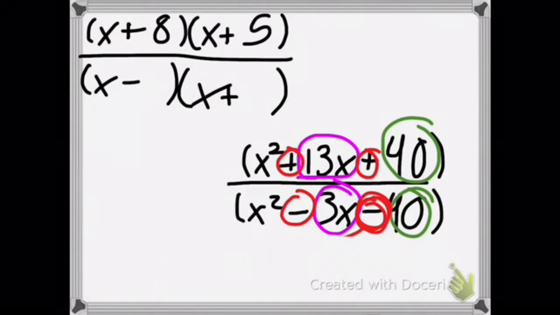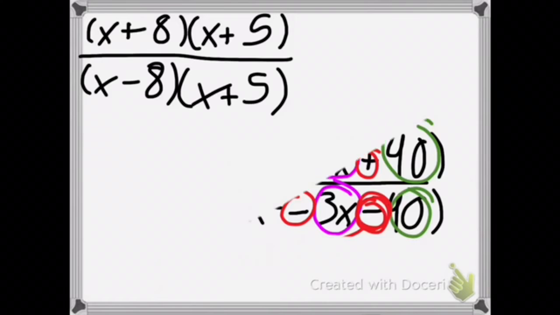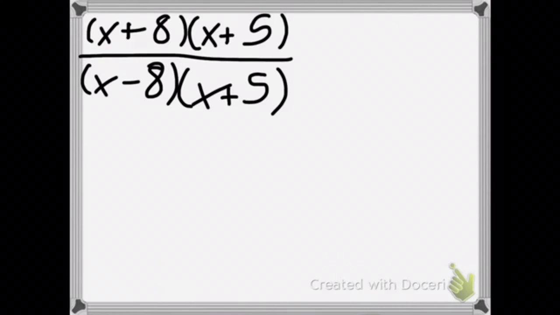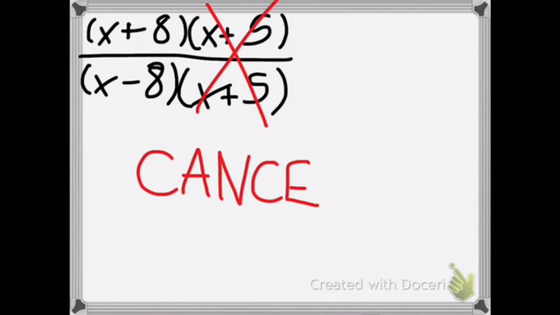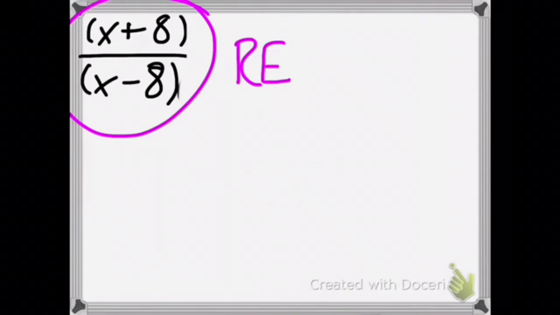Because the addition part is negative, we can know that the biggest number is negative. In this case, it will be negative 8 and 5. Now we are ready to cancel terms. In this case, we will cancel x plus 5. And finally, we have our result.